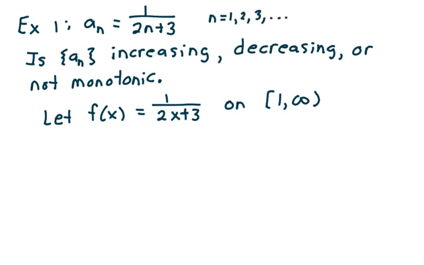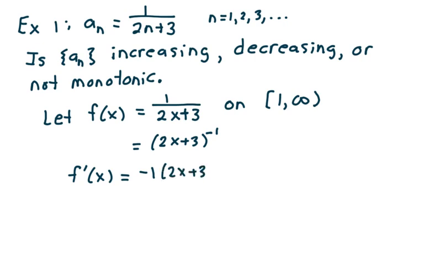That's all we care about. Now, can we agree that this is equal to 2x plus 3 to the negative 1? Take the derivative. When I take the derivative, I get negative 1 times 2x plus 3 to the negative 2 times 2. But that's negative 2 over 2x plus 3 squared.